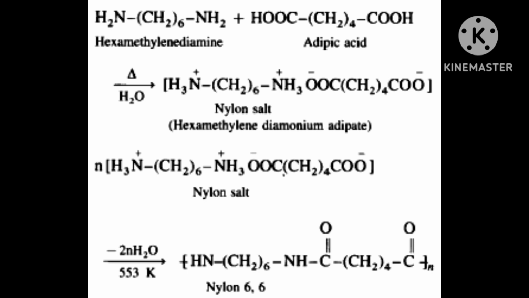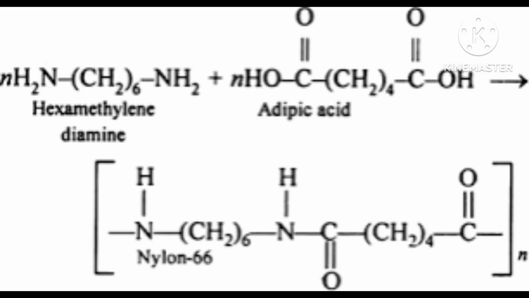Correct? Now the benzene has two carboxylic acids. One time only H will go, and then C double O will remain. That O will join with carbon. And on the other side, the second time OH will go, and from ethylene glycol only H will go. Correct?